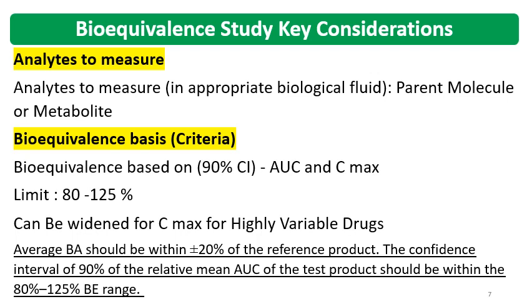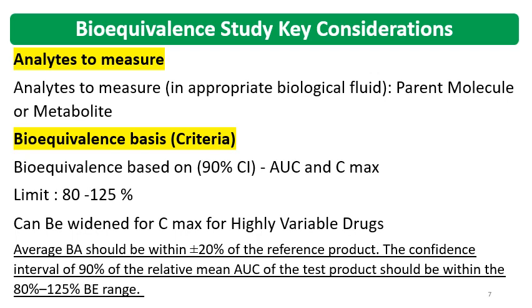Generally the appropriate biological fluid is taken, like plasma, or rarely urine, and in that the analytes are measured. Generally the parent molecule is measured, and sometimes the metabolites are measured. Rarely, both the parent and metabolites are required to be measured, based on the metabolism pathways and the effect of metabolism on the drug pharmacokinetics and pharmacodynamics.